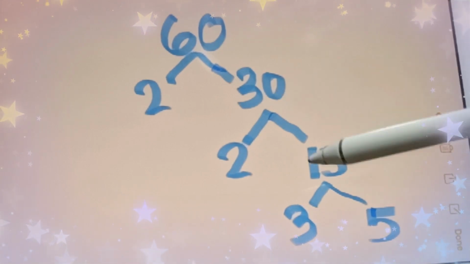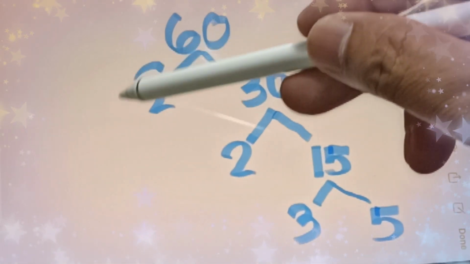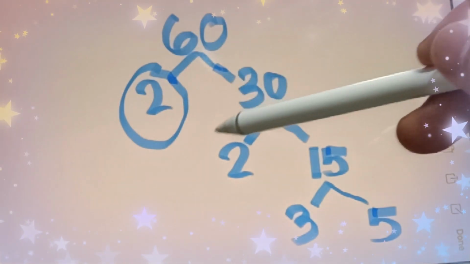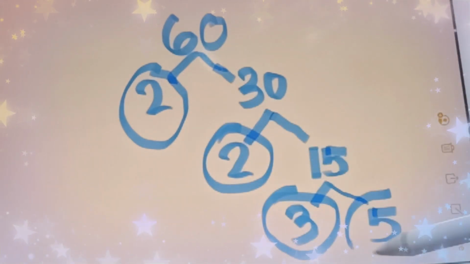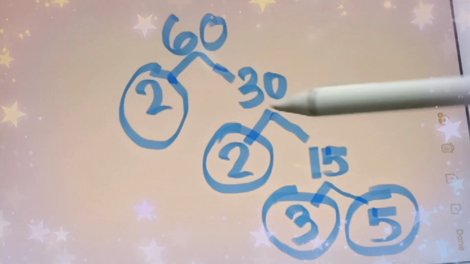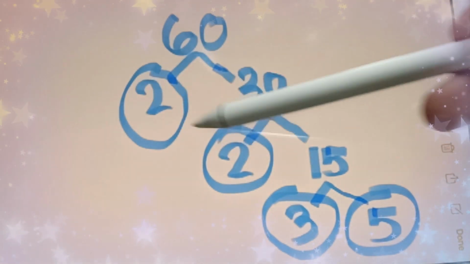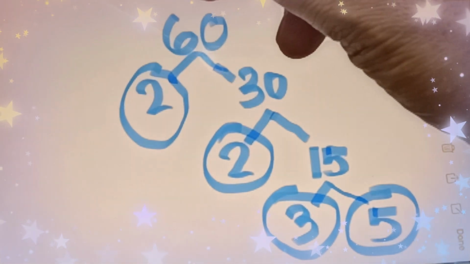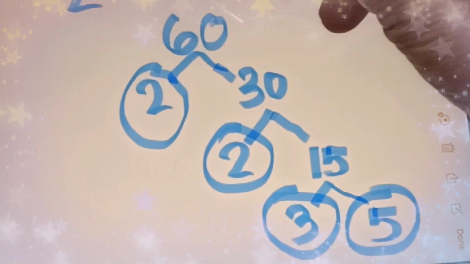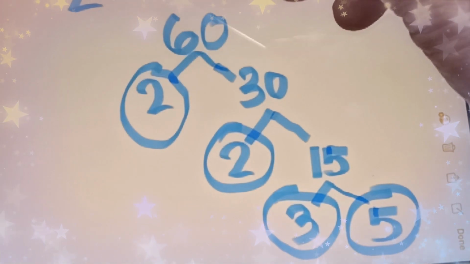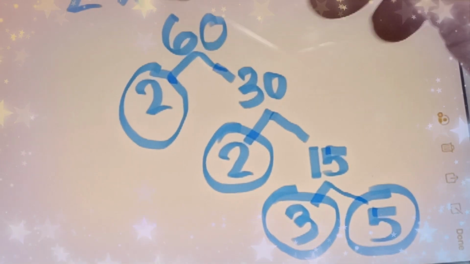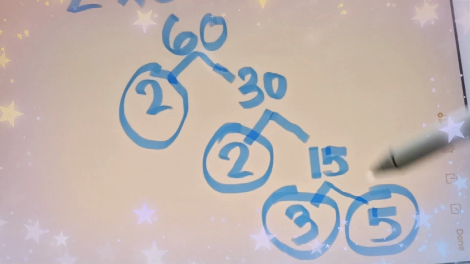So to get the prime factors of 60, just circle these: 2, 2, 3, and 5. So how many 2s are there? Two. So 2 squared, times 3, times 5.